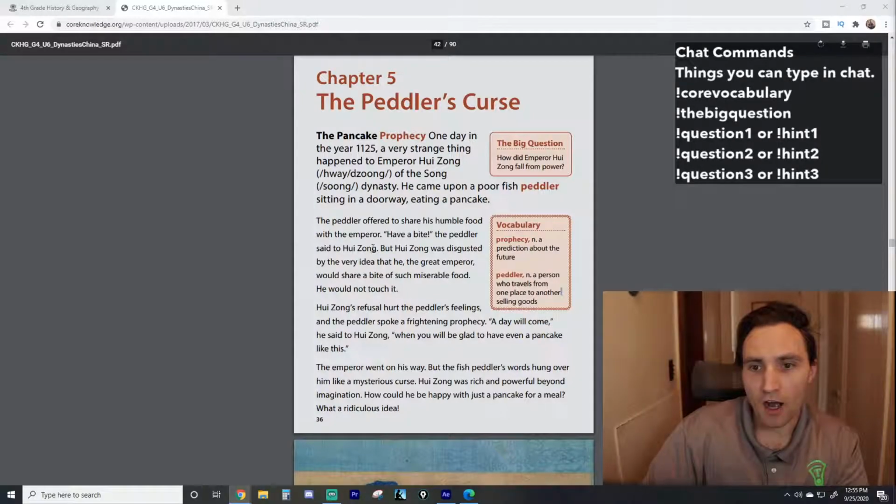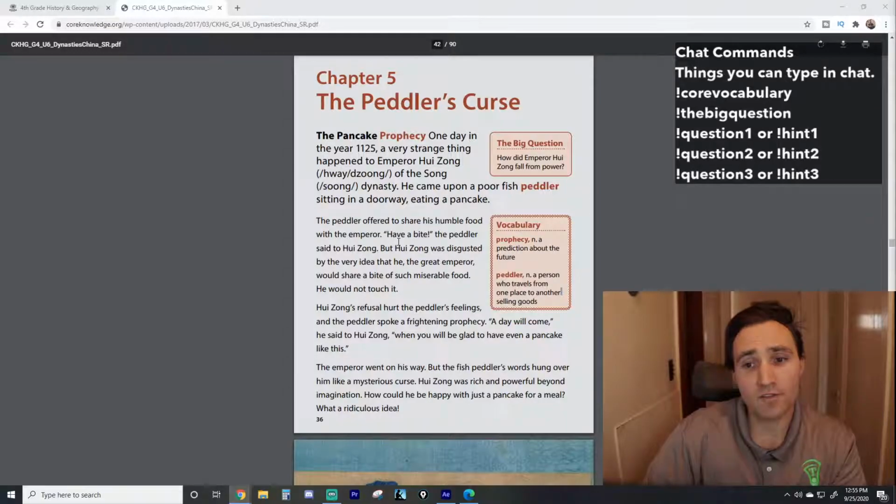So the peddler offered to share his humble food with the emperor. "Have a bite," the peddler said to Wei Zhong. But Wei Zhong was disgusted by the very idea that he, the great emperor, would share a bite of such miserable food. He would not touch it. Let's pay attention to this. This is the beginning of the pancake prophecy, which I will ask you about later.